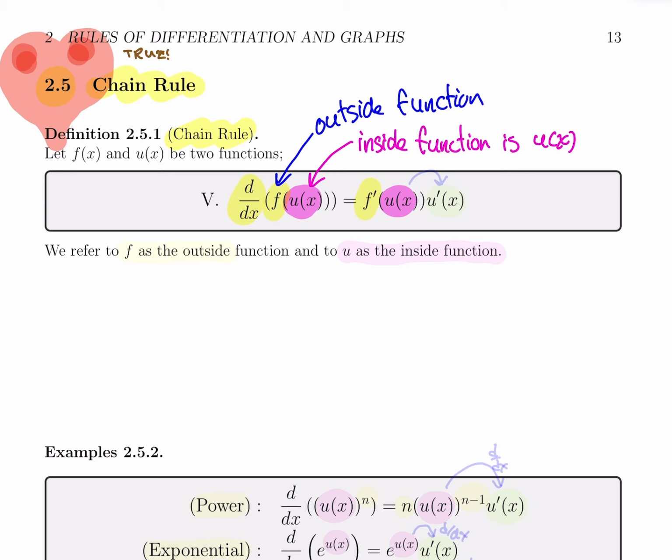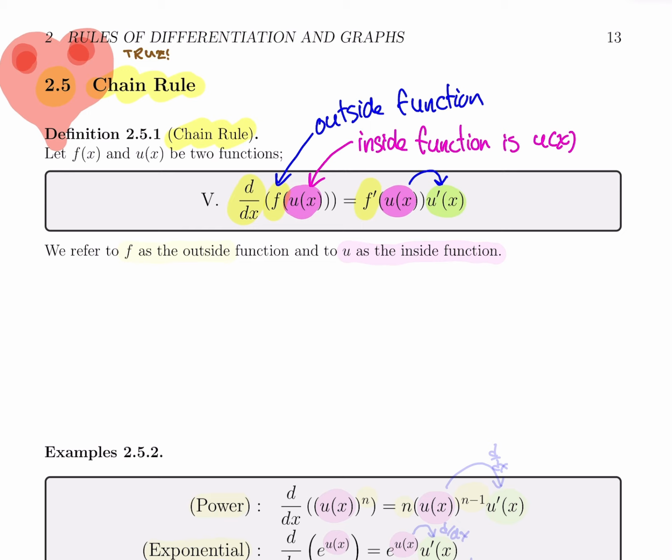So how do you do this is afterwards, you multiply by the inner derivative u prime. So here, whatever you have inside, you initially don't touch, but then afterward, you bring out the inner derivative u prime. So the derivative of f of u is f prime of u times u prime.